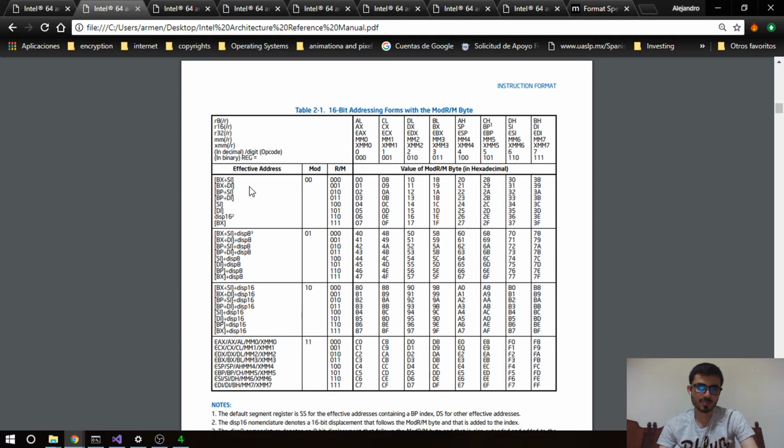And on 16-bit addressing, the addressing forms have to be in this format.